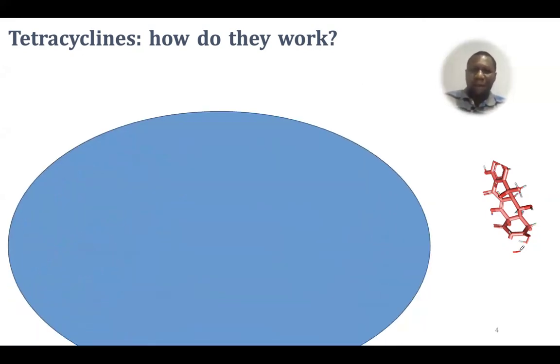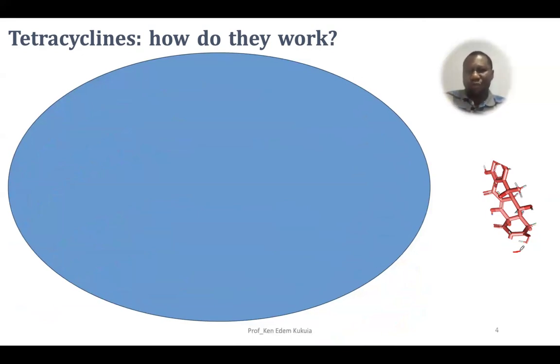Now let's pick our microorganism. So let's say this is the structure of our bacterium, right? Now, if we pick this bacterium, our interest is on the fact that the drug is going to inhibit protein synthesis. So we are going to focus on what we call the ribosomal subunit and then the mRNA, right?